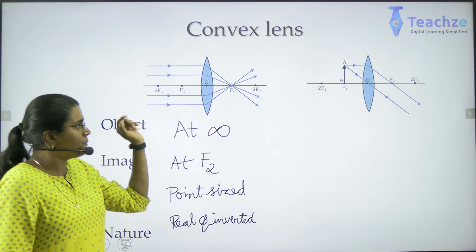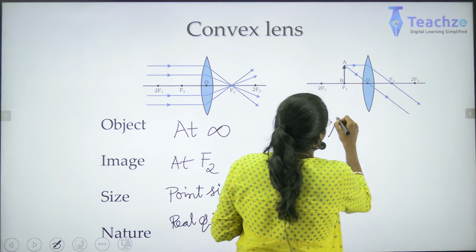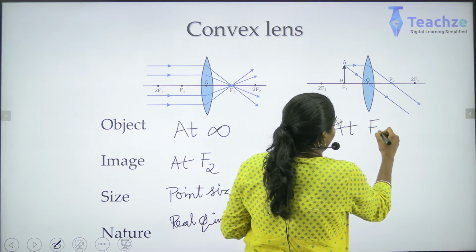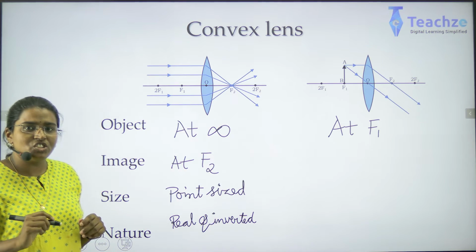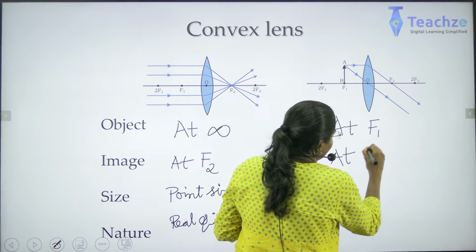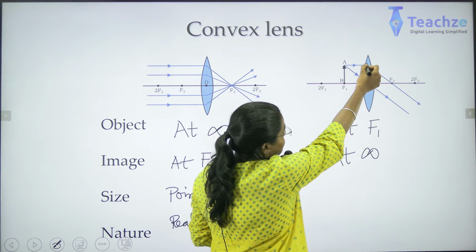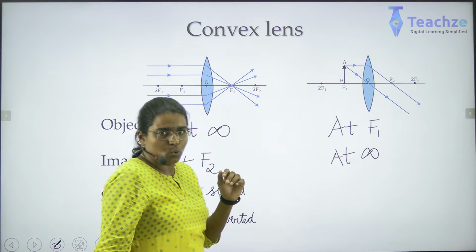Now the opposite of this. We'll keep the object at F1. Where will be the image? Image will be formed at infinity. Why? There is one ray parallel to the principal axis and goes through F2.